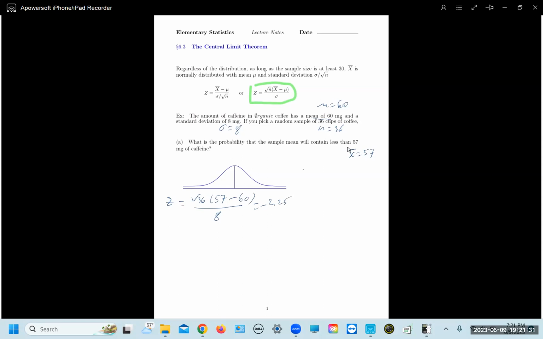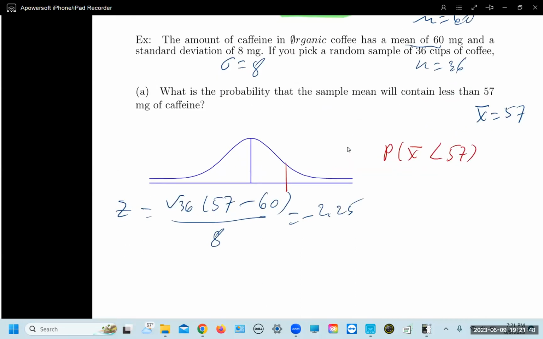So the probability P of X bar less than 57. This one is the mu, which is 60, and this one is 57 right here.